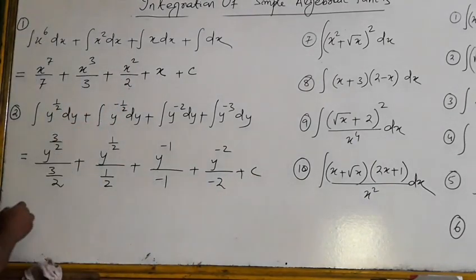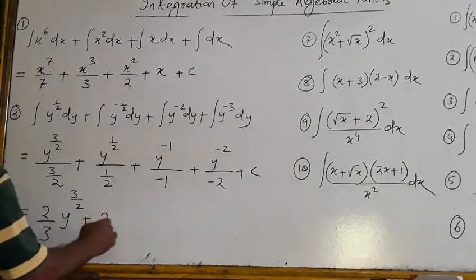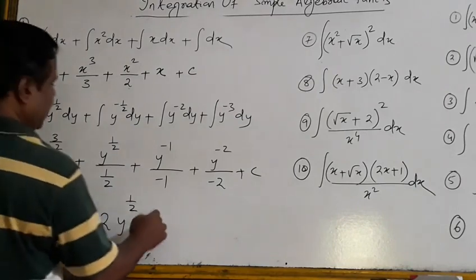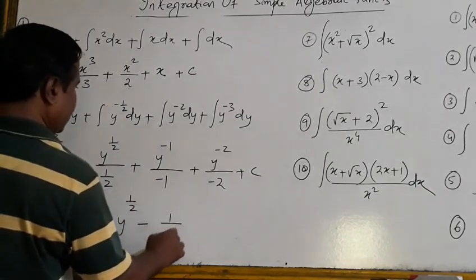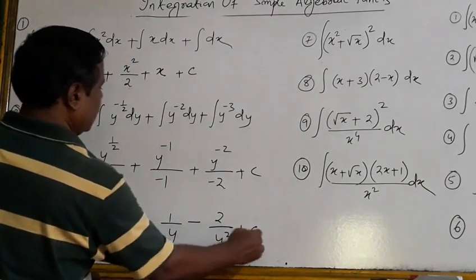It is 2 by 3 y to the power 3 by 2, y to the power half, minus 1 by y, minus 2 by y square, plus c.